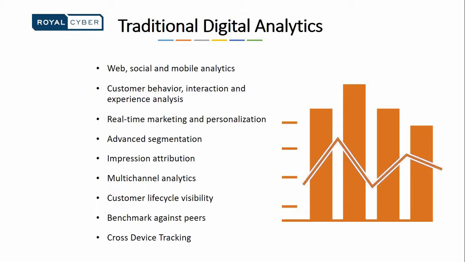At the same time, for real-time marketing, there are multiple social media channels which the marketing team can look into, and also advanced segmentation. All these traditional analytics tools help you to get the segmentation and fragment the data and look at exactly what the business wants to look into, and follow multiple channel analytics.